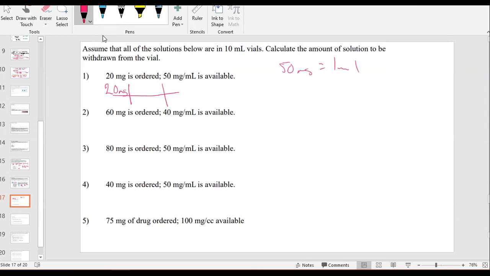So where do I put my milligrams, the bottom or the top? The bottom, right? I'm trying to cancel my milligrams. So that'll be 1 ml.